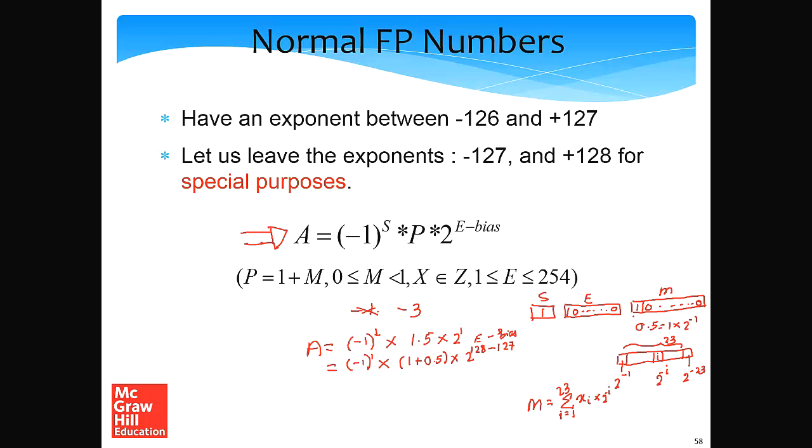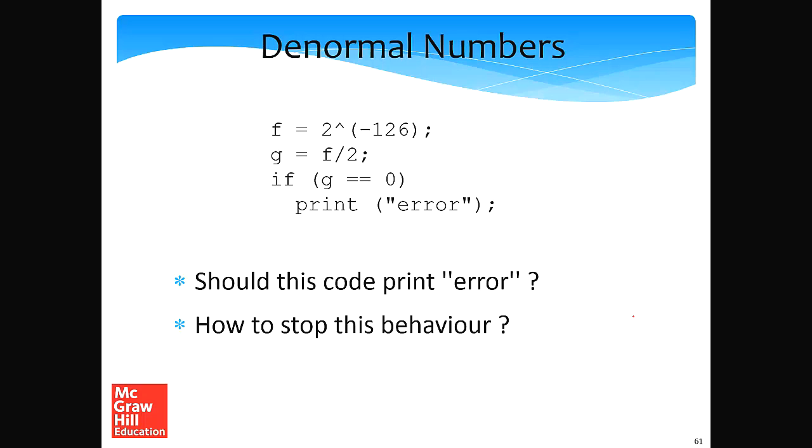Given this, let's take a look at some of the queer aspects of floating point math. The smallest normal positive floating point number that we can have is, let's work it out. Since it's positive, the sign bit is 0, and the smallest value of E that we can have is actually 1.